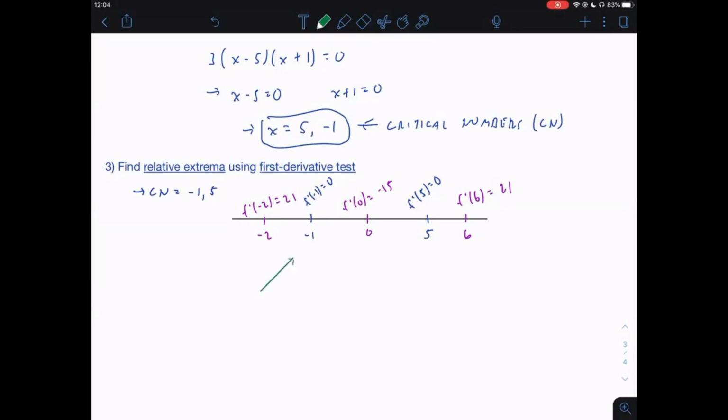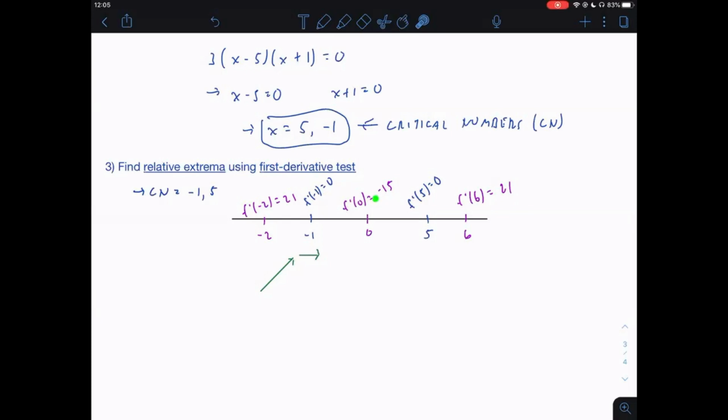But then it hit the critical point at negative 1, where it zeroed out, so the slope became 0. Then between these two critical points, before it hit the second critical number, our test point resulted in a negative value in the first derivative.